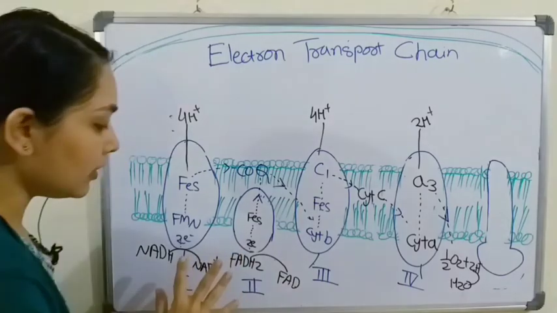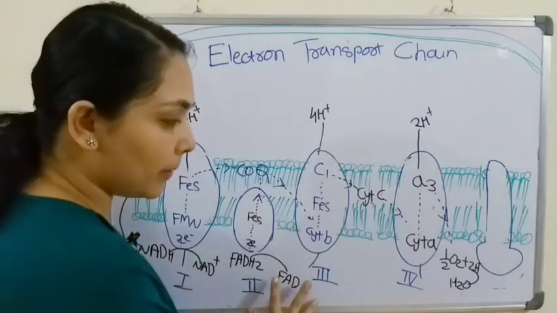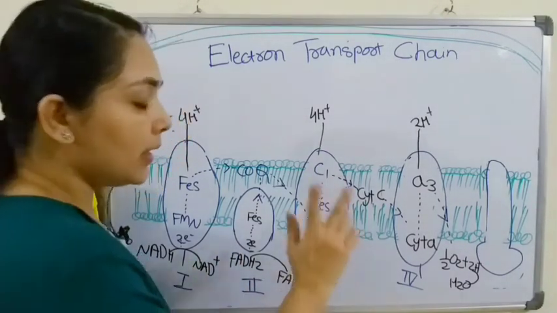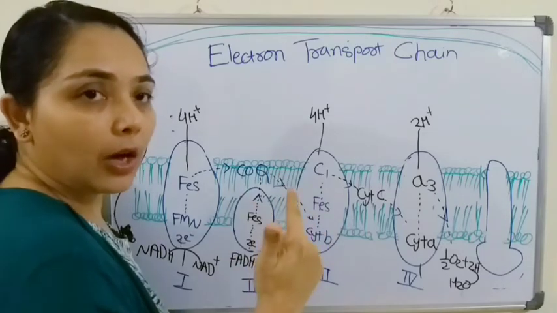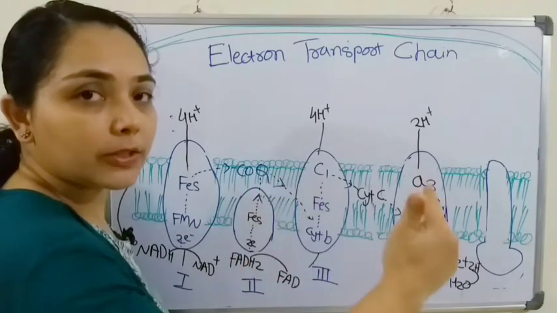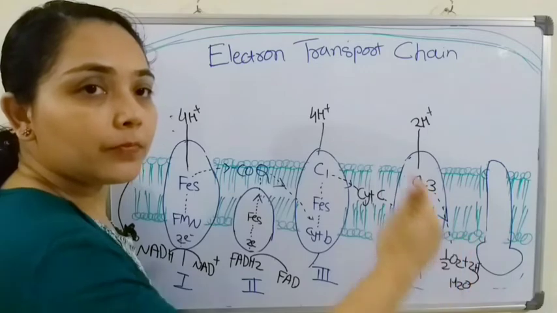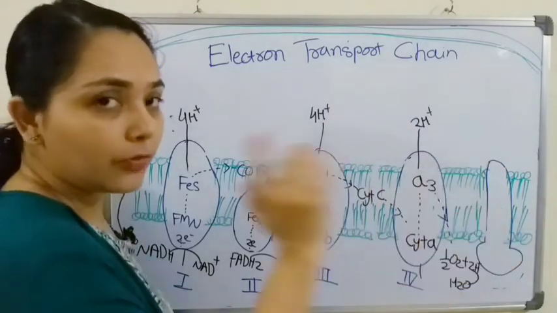There are 4 protein complexes. Now we will see how electrons will pass from one complex to another and how it will help in the generation of ATP.